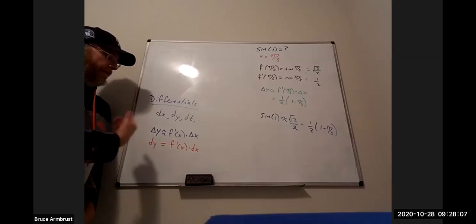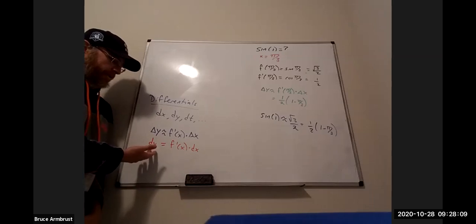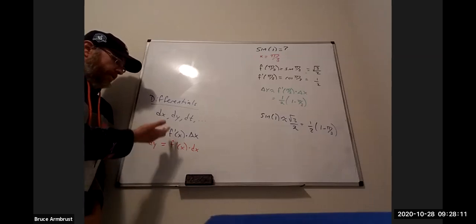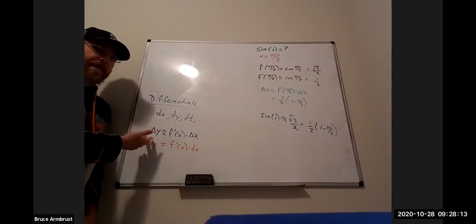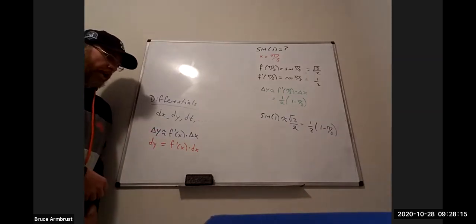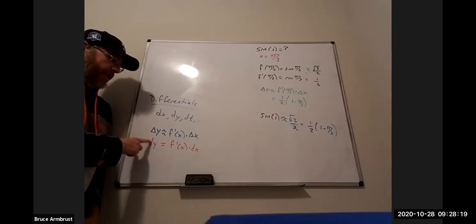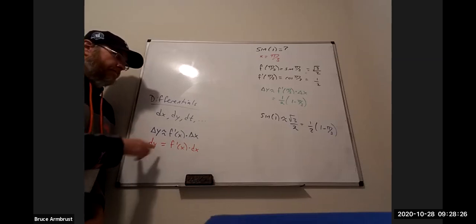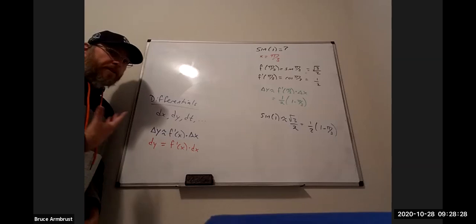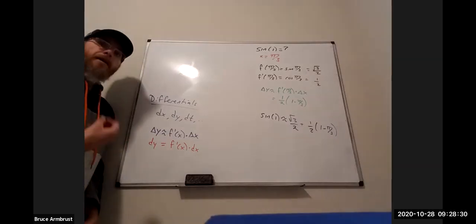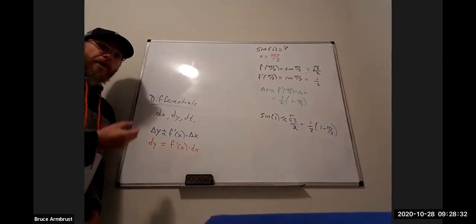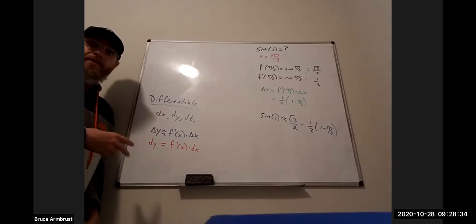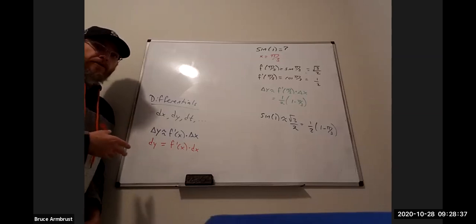So the differentials are what we use to approximate the actual change, right? What we're saying here is delta y is approximately equal to dy. It's approximately equal to the differentials. So if you ever hear that term differential, that's what we're talking about. We're talking about those little pieces, the dy, the dx's. Those are differentials.